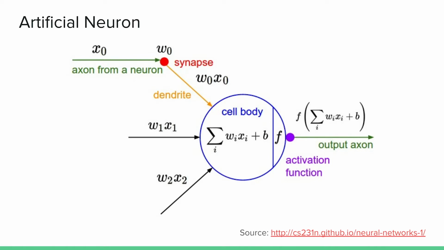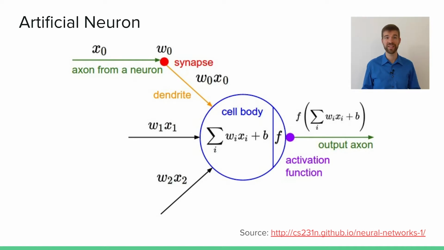So an artificial neuron tries to do a very similar thing in a very simple way. We have certain inputs, for example x0, which can be any real valued number, and we process that, for example, by multiplying it with a certain weight, and then taking that input and all other inputs, x1 and x2, computing the sum, applying an activation function, and then outputting that to the next step.